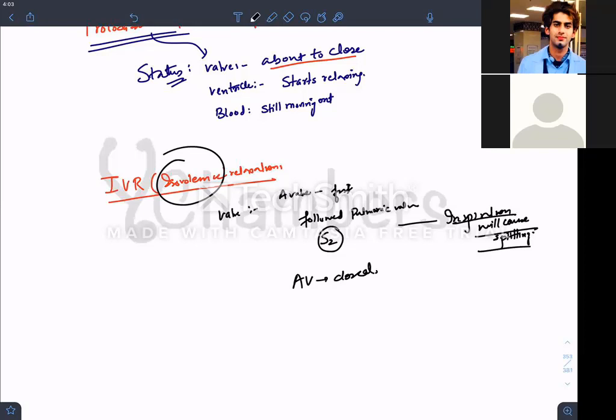What is happening to ventricular pressure? Ventricular pressure is decreasing rapidly because the ventricle is relaxing.